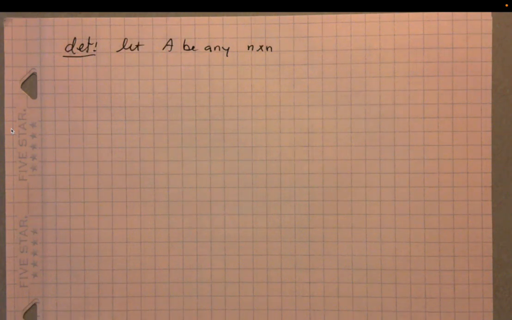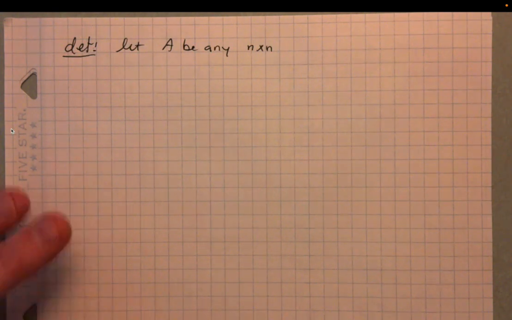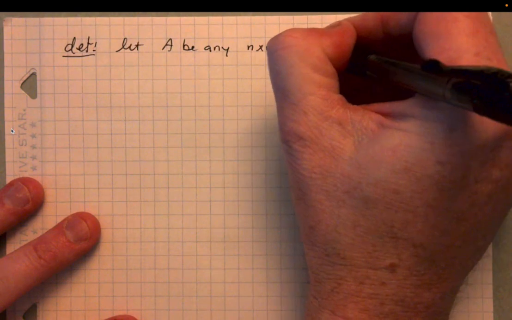Remember, square matrices are the only kind of matrices that we can multiply with themselves, because they have to have the same number of rows and columns. In the case of multiplying with yourself, obviously your rows and columns must be the same. So that's what's happening here.